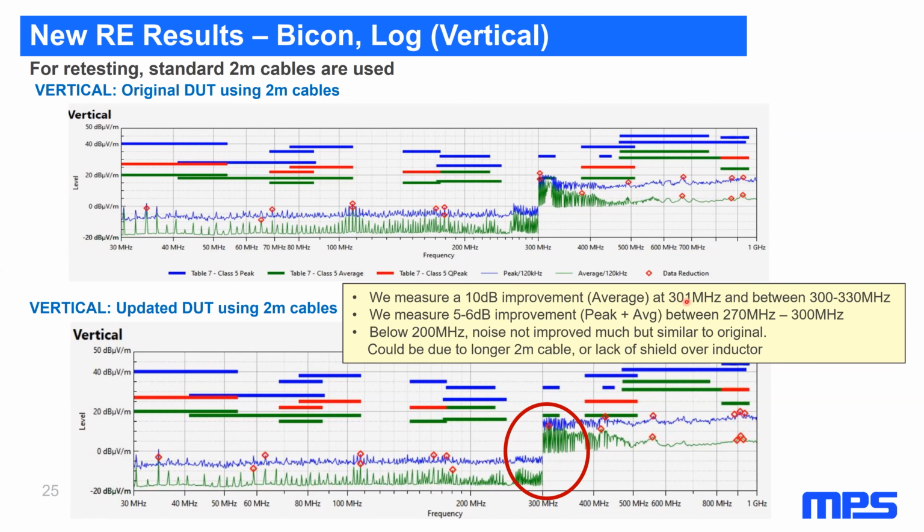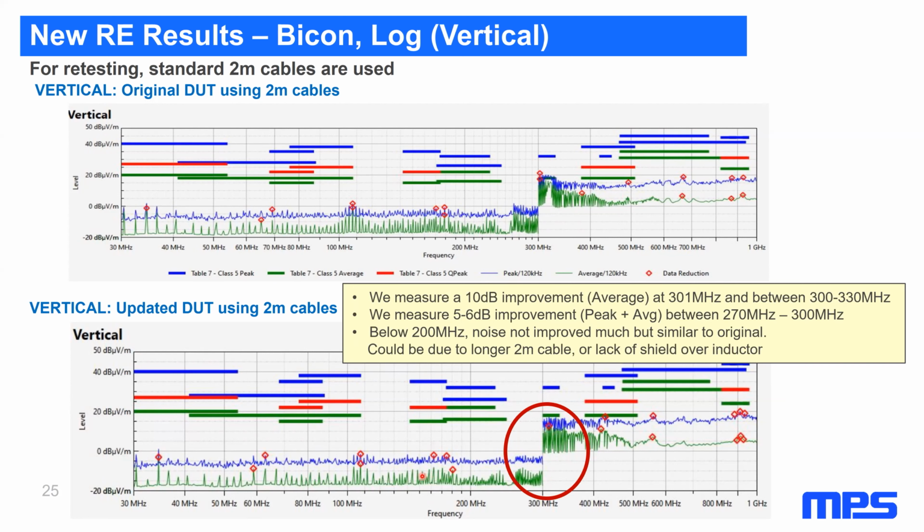I measured it specifically at 301 megahertz, which is where we failed before, and it's 10 dB better. And then in this whole range, it's approximately 10 dB better. Also in this range just below 300 megahertz, from about 270 to 300 megahertz, there's some improvement of about 5 to 6 dB if you compare these waveforms with what we're seeing up here.